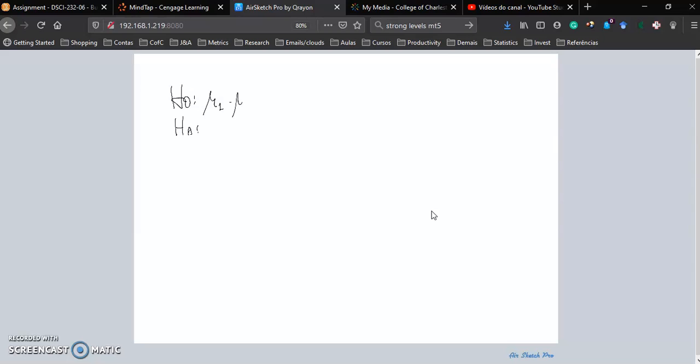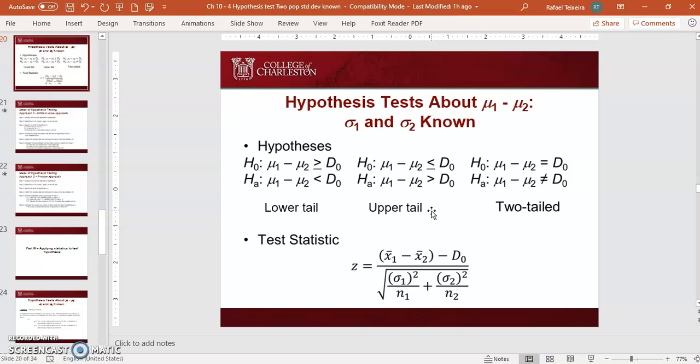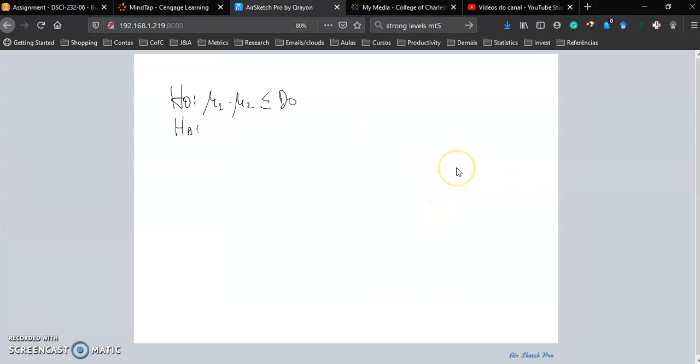The difference in the means for the null hypothesis is that they're smaller than a hypothesized number. This hypothesized number is 0, so I can delete this part, only the D0. And then I have for the alternative that the difference is higher than a hypothesized number, in this case 0.